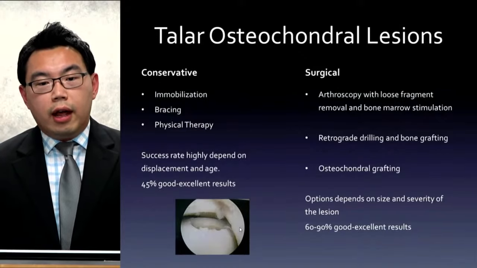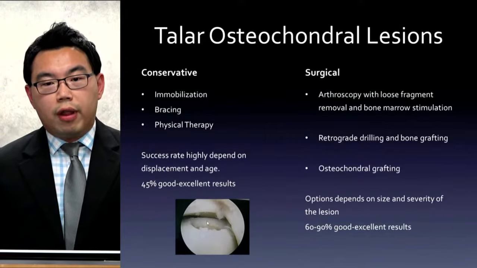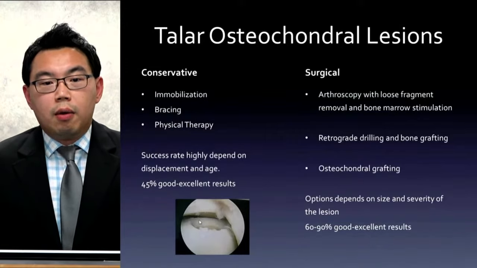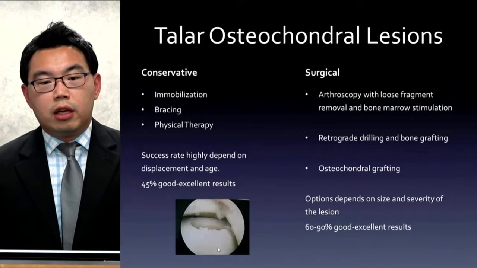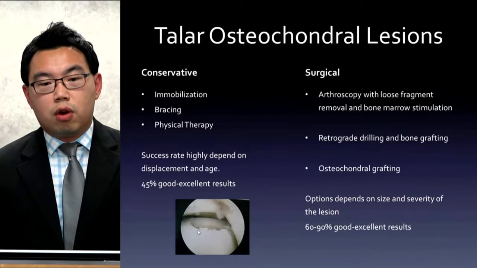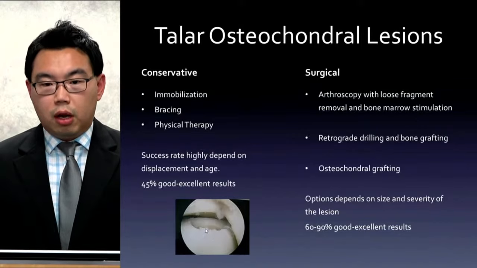Well, if the area is small but stable, meaning that there is a stable roof over it, sometimes we can do a retrograde approach, meaning drilling from the other direction to stimulate some healing from underneath while not disrupting the rooftop, and that's what we call retrograde drilling and bone grafting from below.